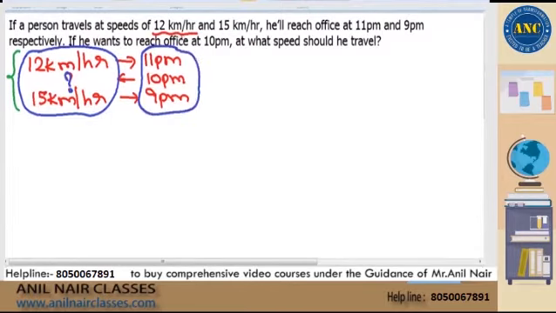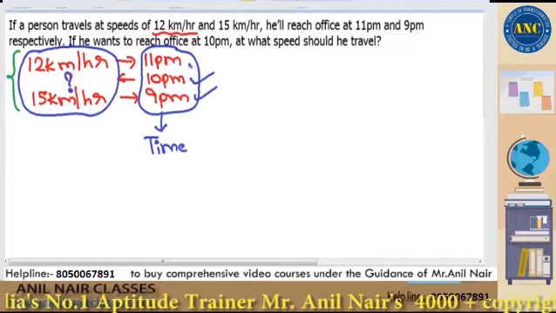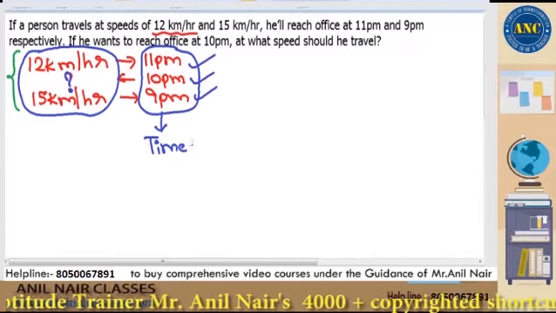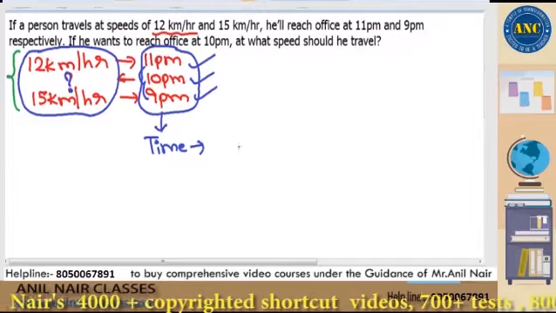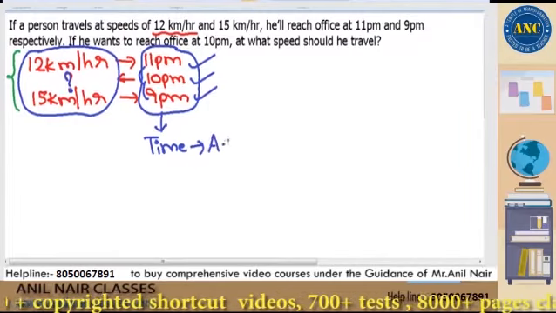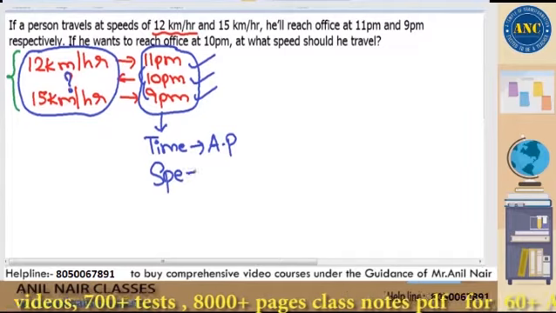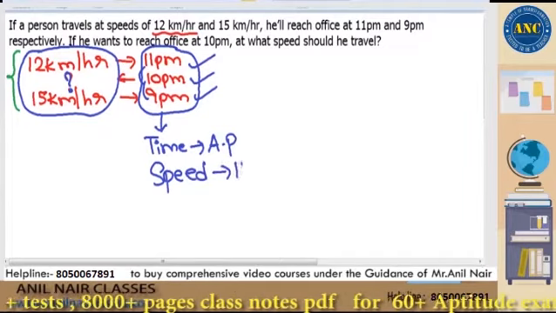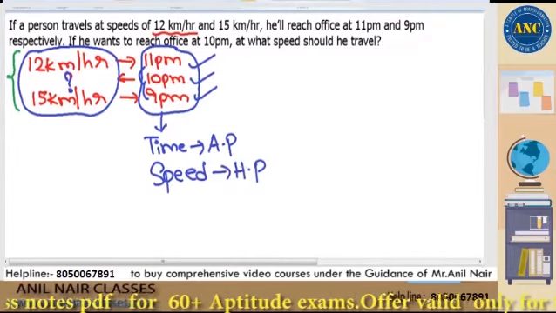Time periods 9, 10 and 11 are in arithmetic progression because the common difference between the consecutive terms is the same. Time is in arithmetic progression. If the time is in arithmetic progression, speed will be in harmonic progression.